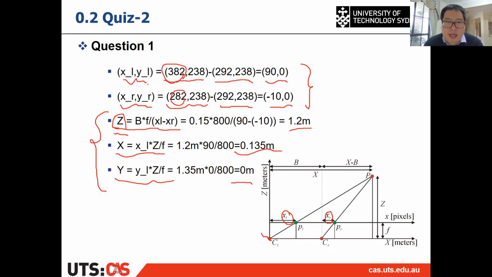In this case, XL and XR are not 0, but YL and YR are 0, so you need to use this equation to calculate Z. If it is the other way around, XL and XR are 0 but YL and YR are not, then you need to use a similar equation with respect to YL and YR.